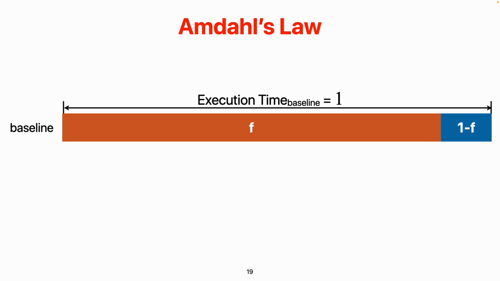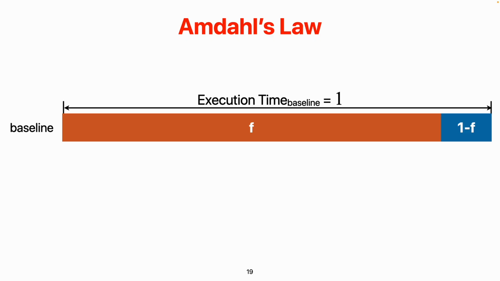By optimization, it could be, for example, that I want to optimize an algorithm, and this is the amount of time that the algorithm I'm targeting takes. And 1 minus f: if this is the optimizable part, this is the non-optimizable part. So that's 1 minus f.